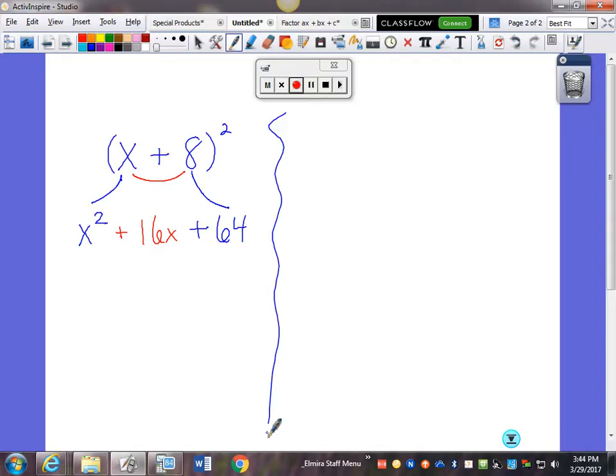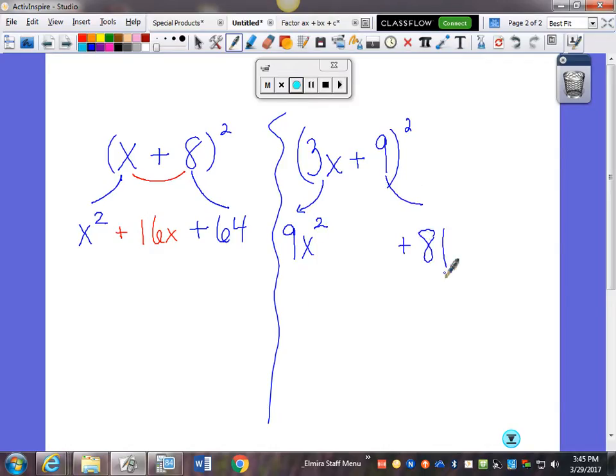Let me do that again. So if I have 3x plus, I don't know, 9 squared. Okay, 3x squared would be 9x squared. 9 squared is 81.